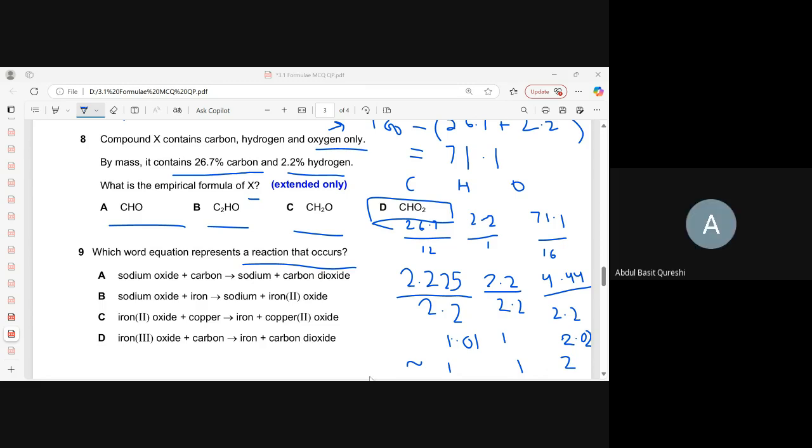B. You're going with sodium oxide reacts with iron to form sodium and iron oxide? Sodium is more reactive, right? So do you think that iron can displace sodium from its oxide? No. So B shouldn't be the answer.